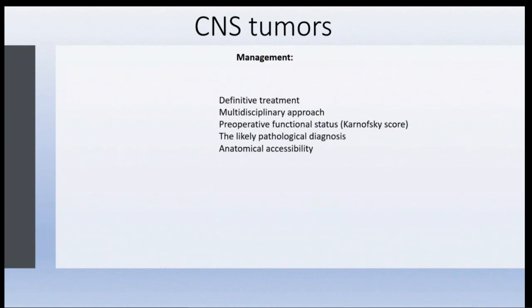Let's look at it from a different pathway. If a patient has anaplastic astrocytoma and the other one has a GBM, but they have the same level of functional status and the same anatomical location of the tumor, the likelihood that the anaplastic astrocytoma will get a more aggressive treatment is higher, because we know that he has a longer survival rate compared to the one with the GBM, okay?